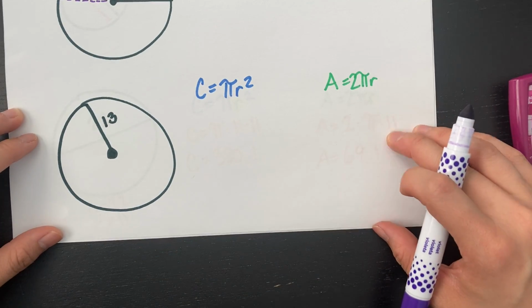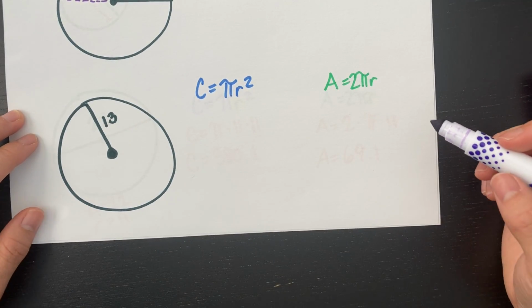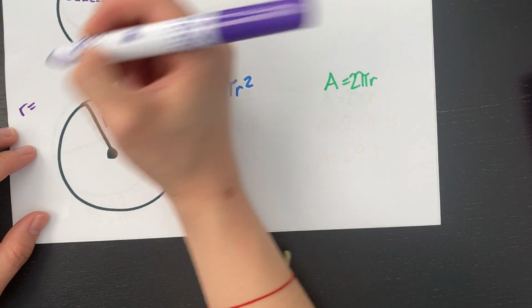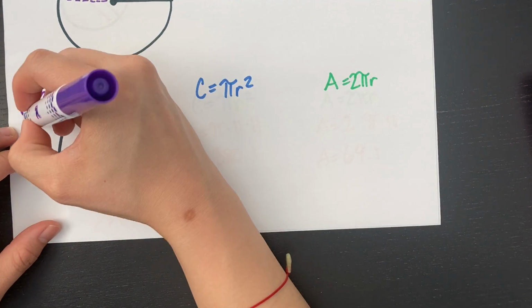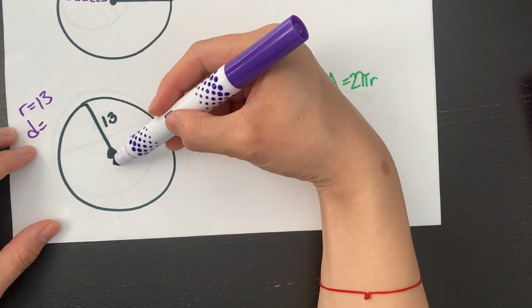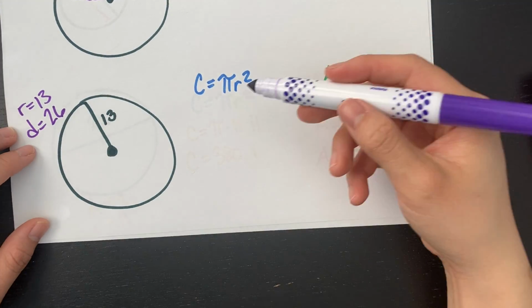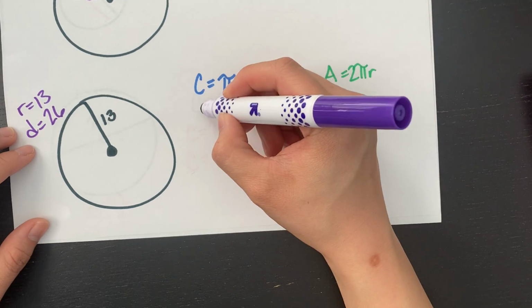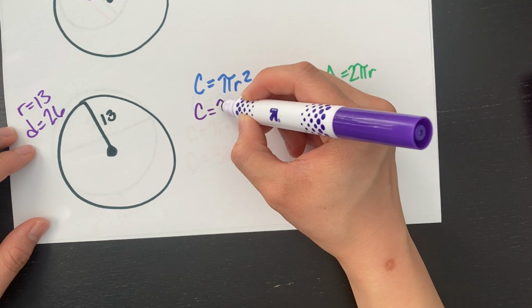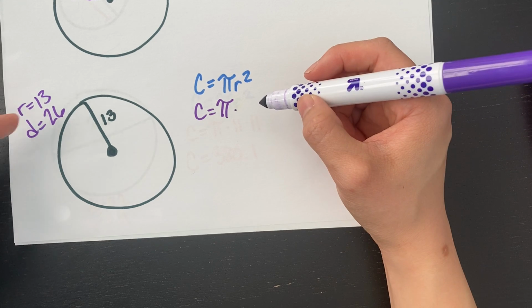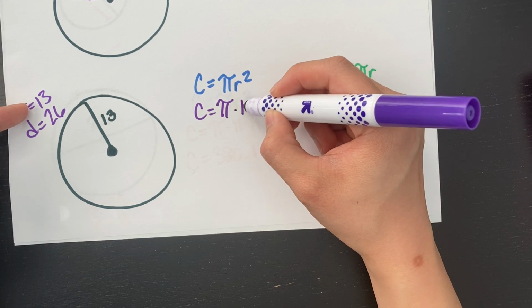One more example. Okay, so this one also gives me my radius is 13, which means my diameter is double this length, 26. You're given these formulas. Let's solve for circumference. Circumference is pi times your radius, which is 13, squared.